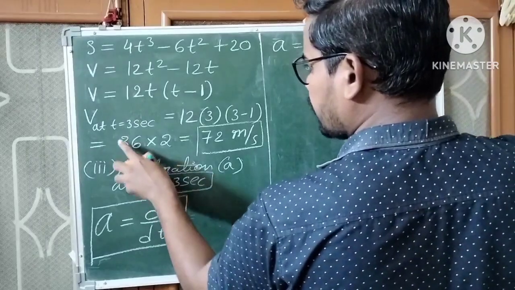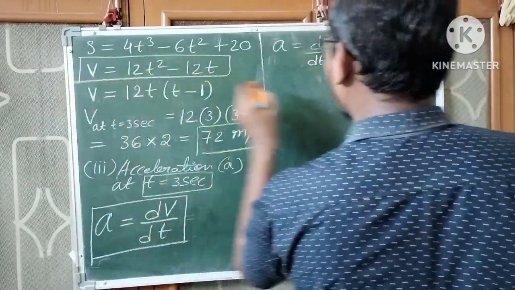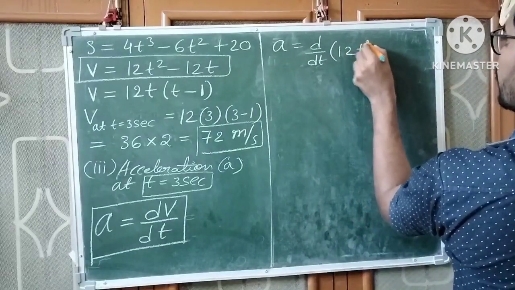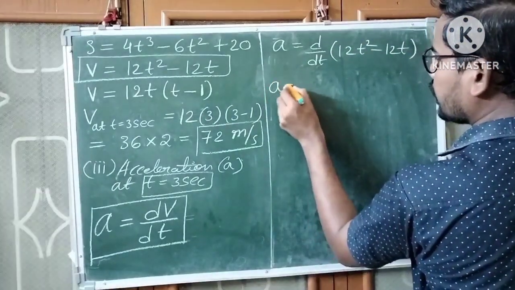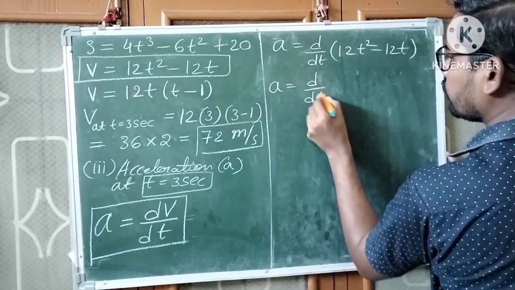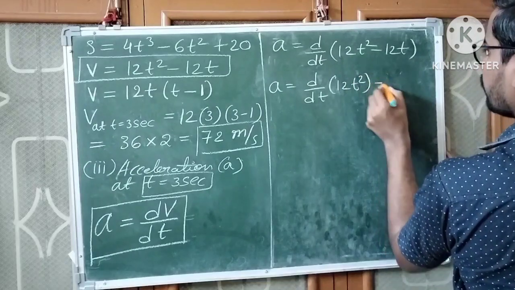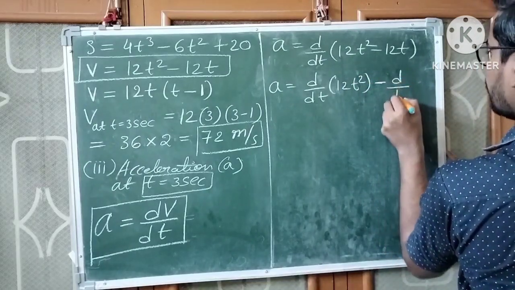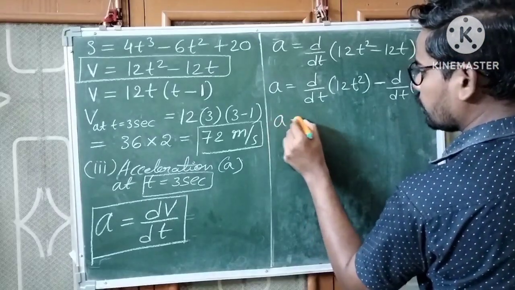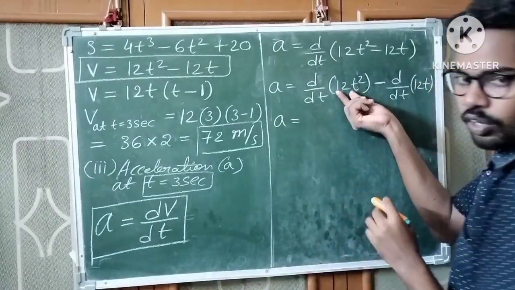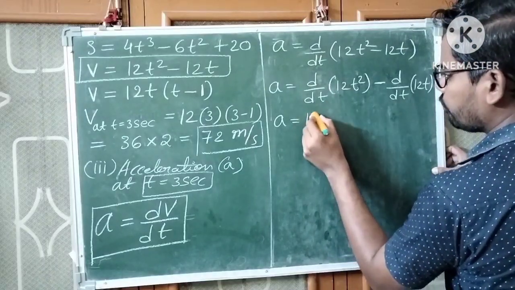What is v? The velocity equation is 12t square minus 12t. Now distribute d by dt: d by dt of 12t square minus d by dt of 12t. Here 12 is constant, so take out 12 from the derivative.